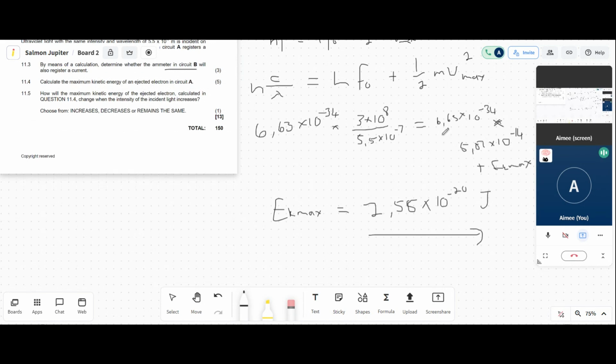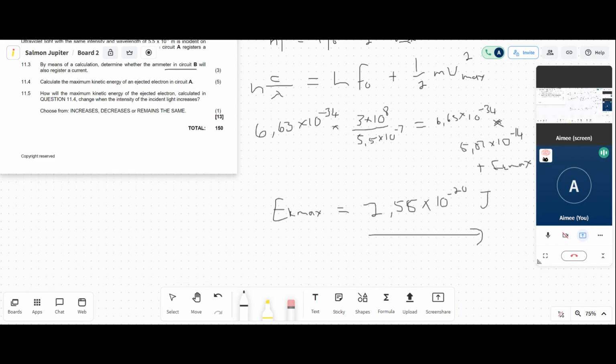And then your last question says, how will the maximum kinetic energy of the ejected electron calculated in question 11.4 change when the intensity of the incident light increases? So you're choosing from increase, decrease, or remains the same. And the answer is, if you are increasing the intensity of the incident light, your EK max is going to remain the same.